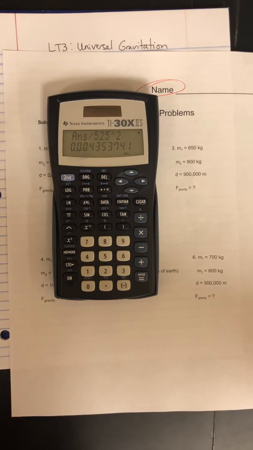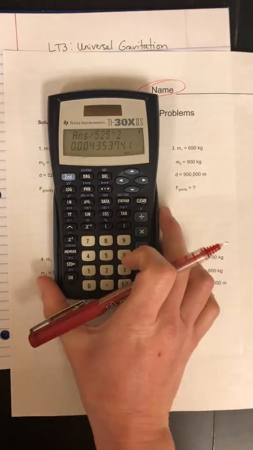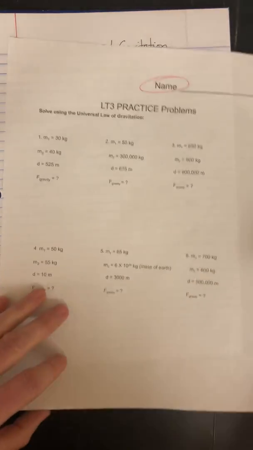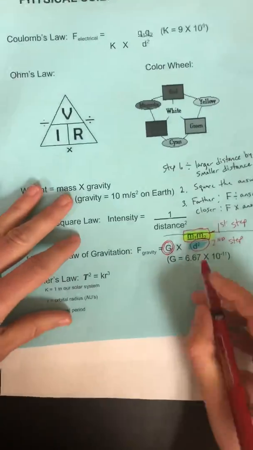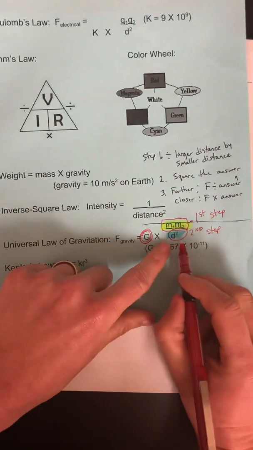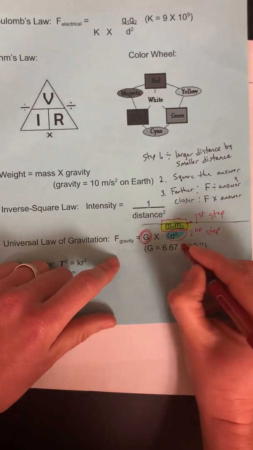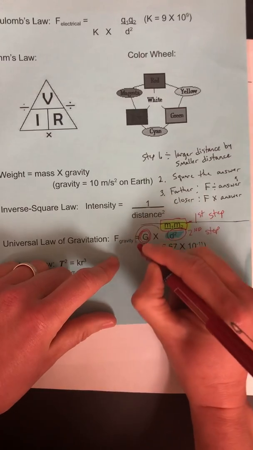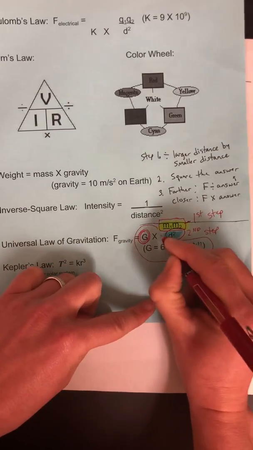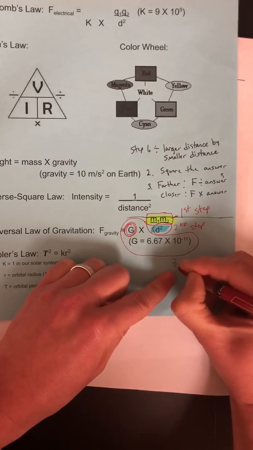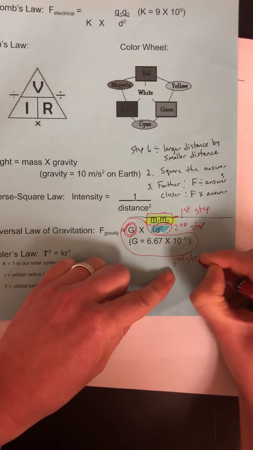Okay, you're gonna get really small answers here. So we move this aside for a second. The last step is to take whatever you get, whatever's on your screen right now, and you multiply it by the gravitation constant. Okay. Third step.